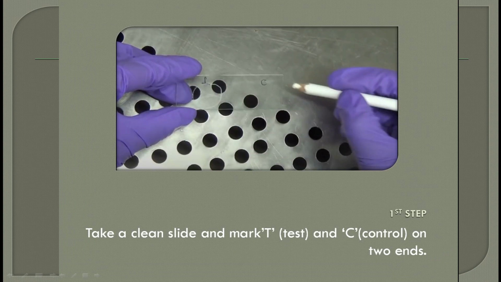Okay. So the first step is that we take a clean slide, clean obviously, and on that slide we mark T on one end and C on the other end, as you can see in the picture. T will stand for test and C will stand for control. So like any experiment, we are making a test sample and we will be making a control sample.